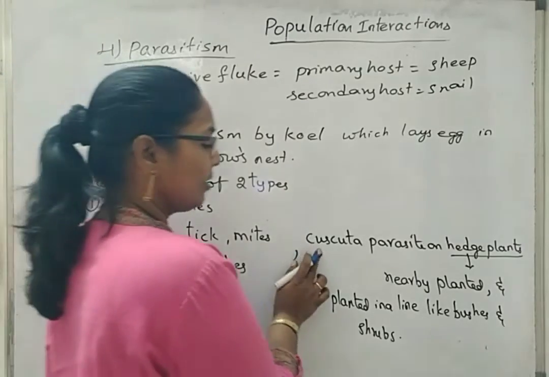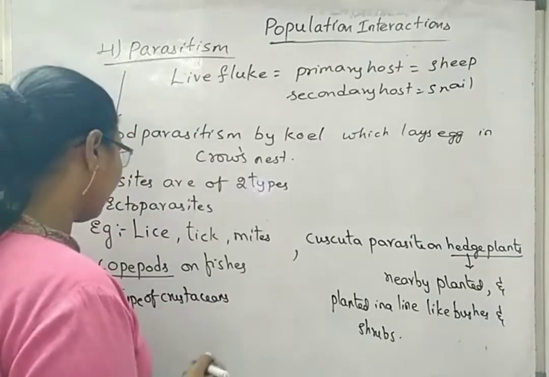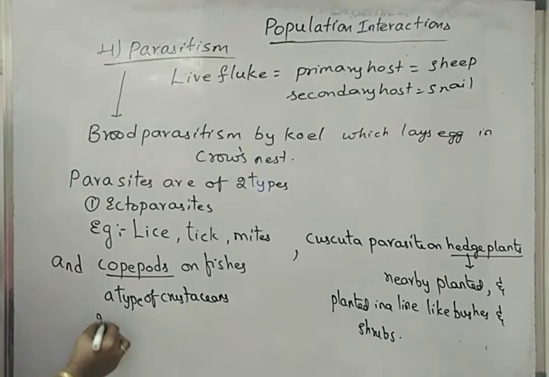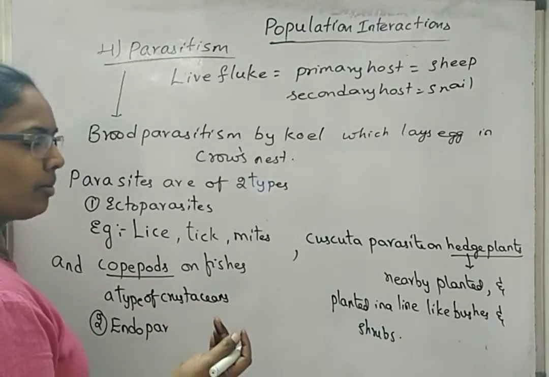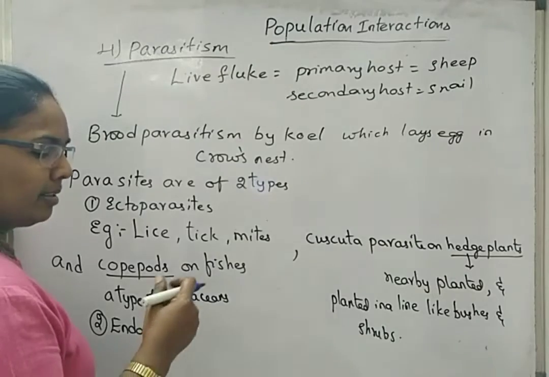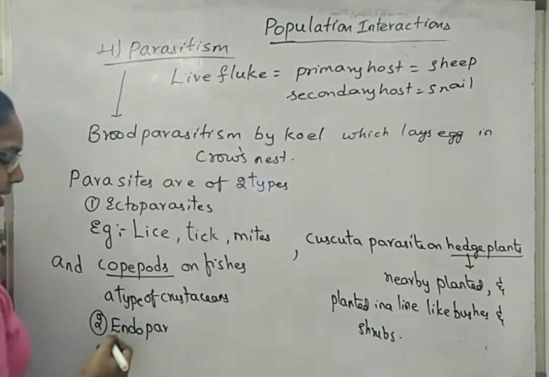This Cuscuta, we can call it an obligate parasite, completely depends on the host plant for its survival. Next type is endoparasites, which completely enter into the animal body or plant body and completely harm. They will not prepare their own food material, completely depend on the host for their survival.